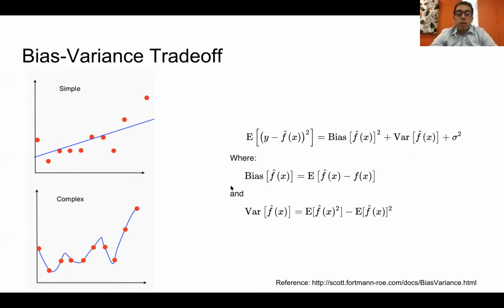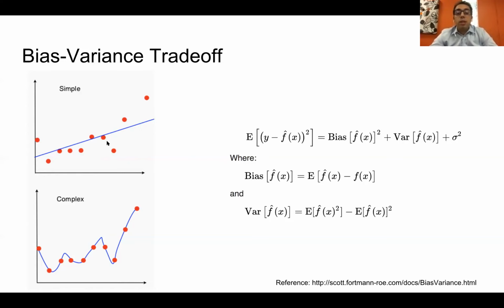This is what leads to the bias-variance trade-off, where you can have many different models, and these models can be complex or simple. Depending on your data, finding the right model is the most important part, and you want to find models that have the right trade-off between bias and variance.